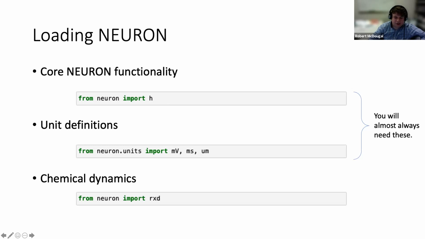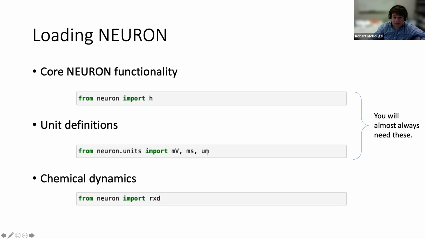Now, it's often convenient to write code that embodies units. You're probably going to end up using Neuron's default units anyways, because they make the most sense in a neuroscience context, but occasionally, especially if you're doing anything chemical, you might find rate constants expressed in, say, nanomolar per second.